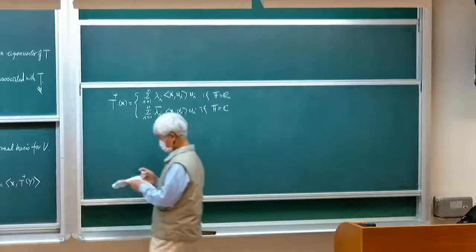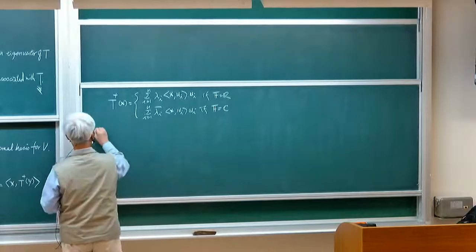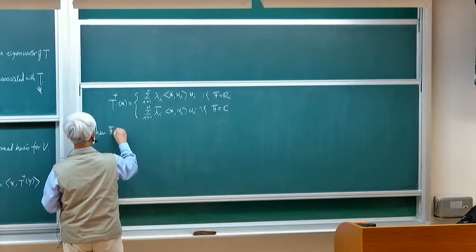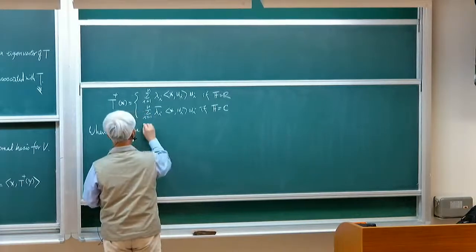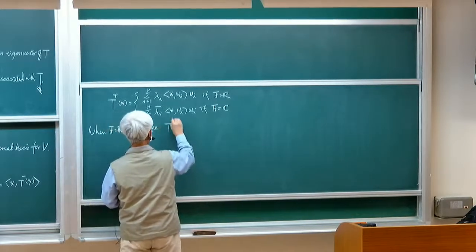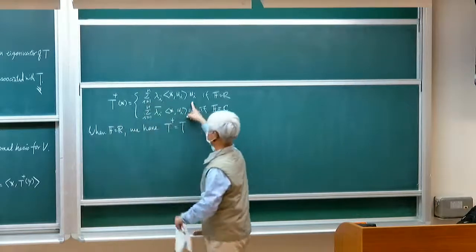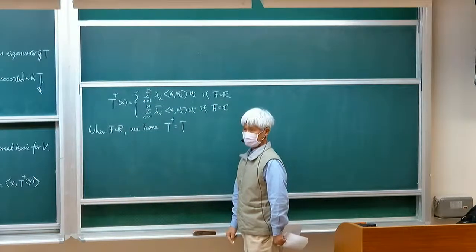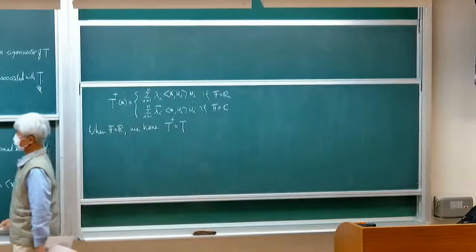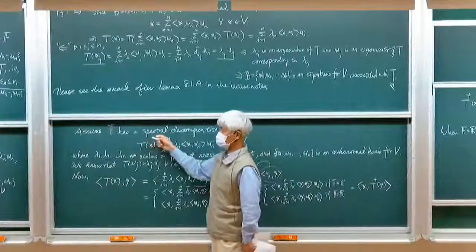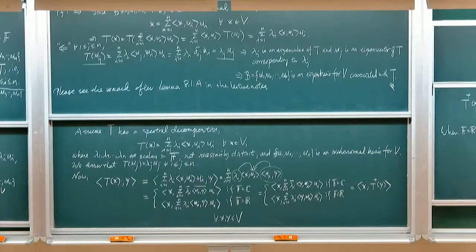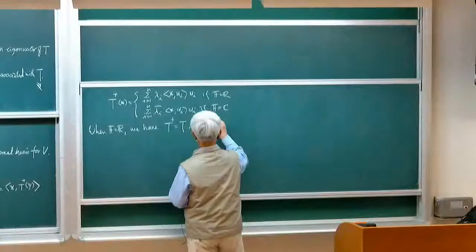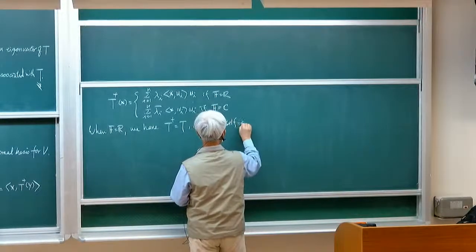All right, and so when F equal to R, in the real case, we see that T dagger is equal to T, because this is exactly T. We assumed T has a spectral decomposition, so T is self-adjoint.